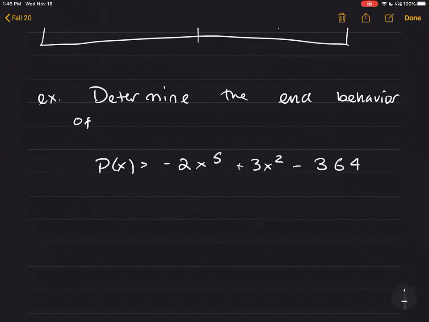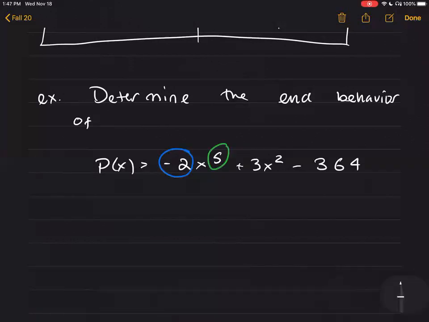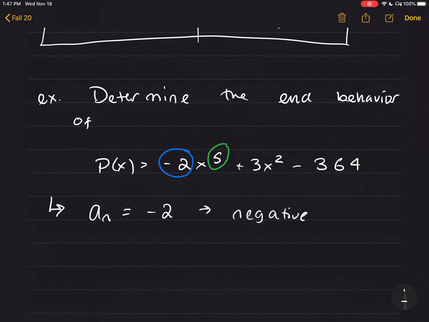So to determine the end behavior, all we need to look at, remember, is the leading coefficient and the degree. So first of all, an in this case is negative 2, and that's negative. And then if we look at the degree, it is 5, and that is odd.